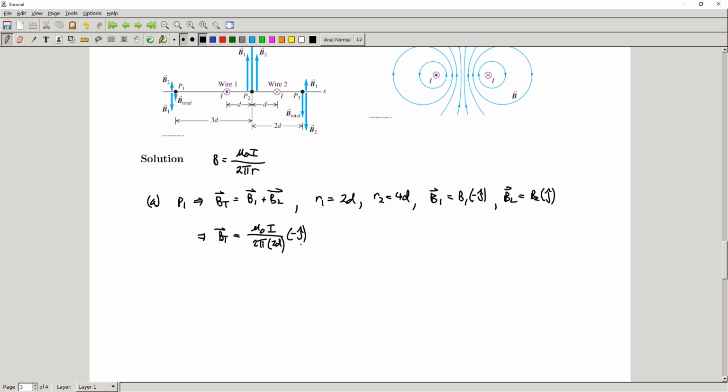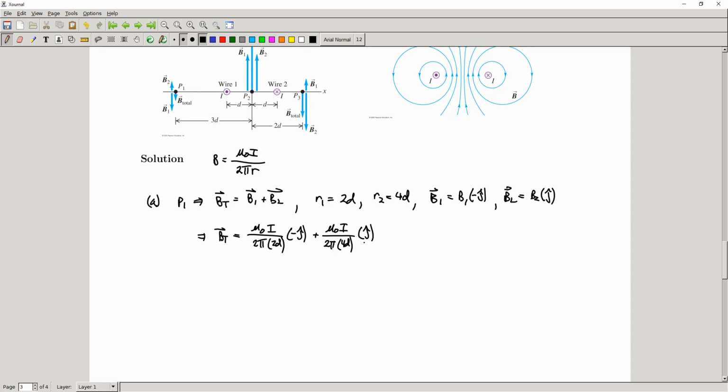And what about our B2? Well, our B2 is going to be mu naught I over 2 pi times 4D, because our R2 is 4D. So we substitute in our 4D, and it points in the j hat direction.